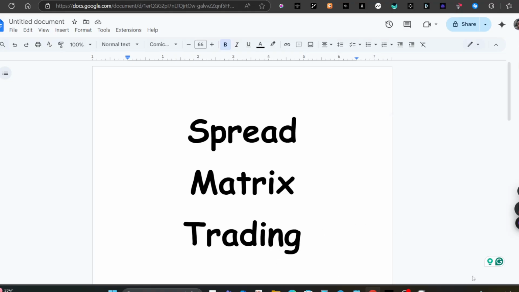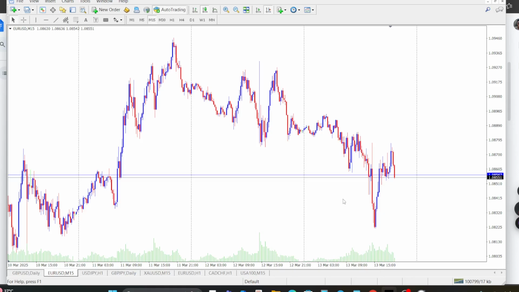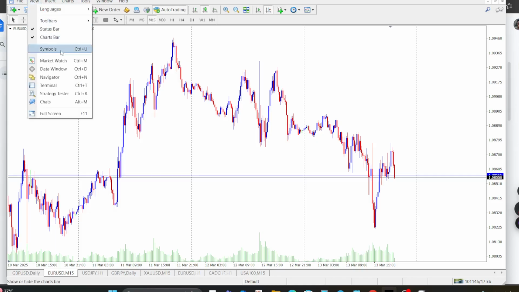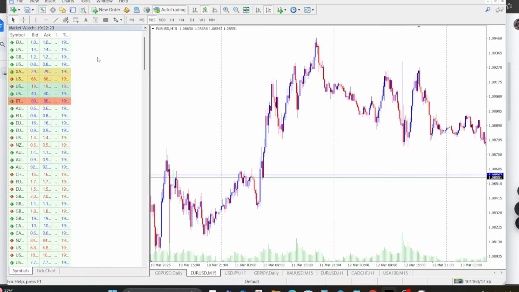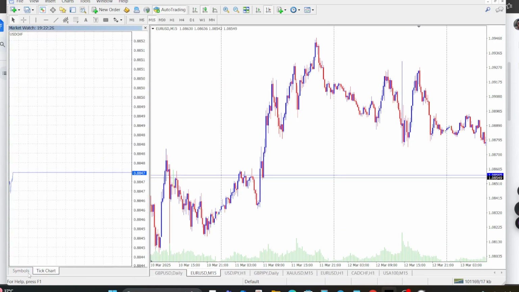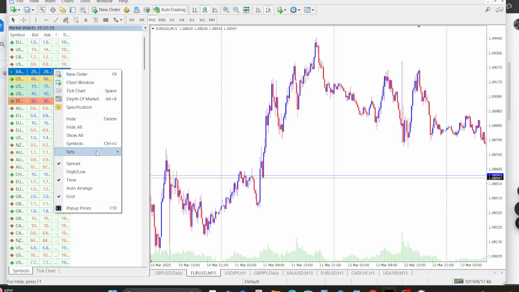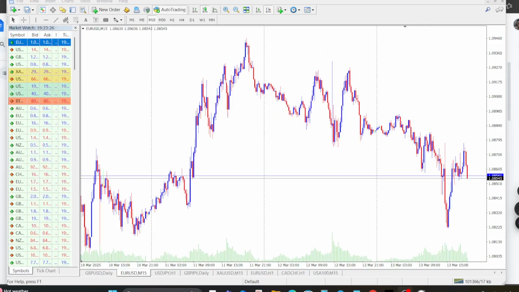Spread matrix trading is all about understanding the bid ask spread across different currency pairs and market conditions. It is necessary to have that understanding. The bid ask spread is the difference between the highest price buyers are willing to pay, which is the bid, and the lowest price sellers are asking, which is the ask.